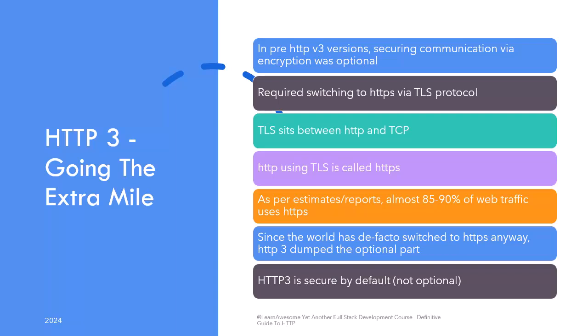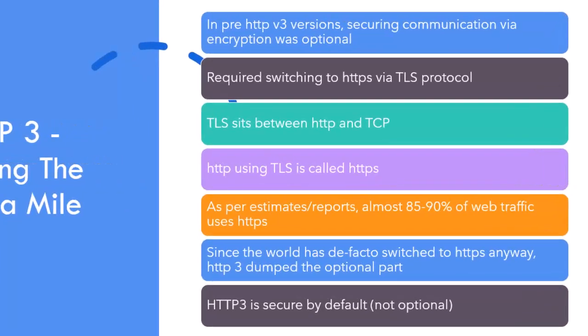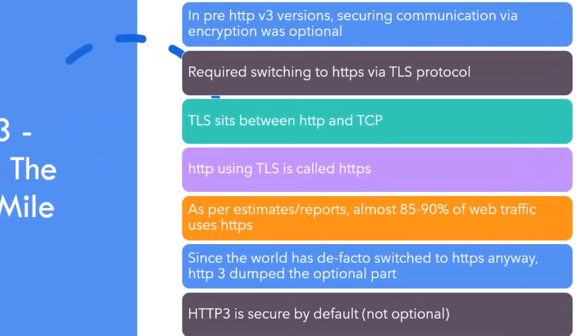HTTP 3 didn't just stop there. Most sites in the world don't use HTTP, but rather its secure variant called HTTPS or Secure HTTP. Secure HTTP has encrypted traffic, which is achieved by client and server negotiating a mutually agreed encryption key to encode their messages.